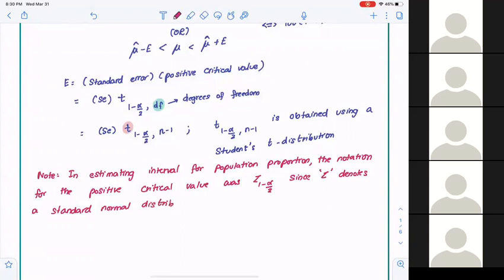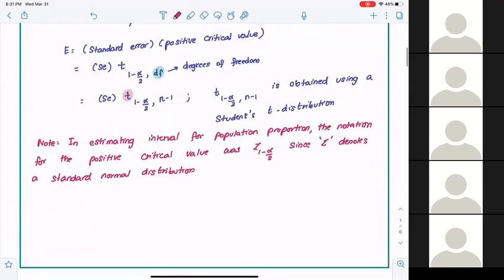So we use the notation z sub 1 minus alpha over 2 because we use the standard normal distribution. Here, we're using the notation t because we are going to use the student t distribution.